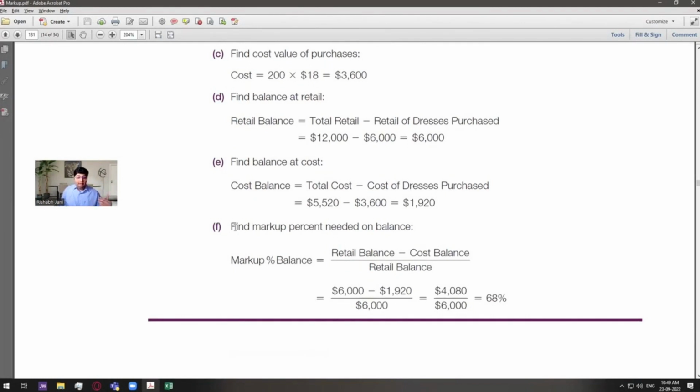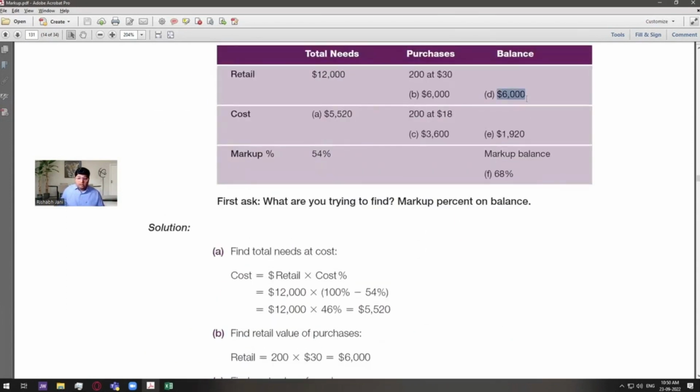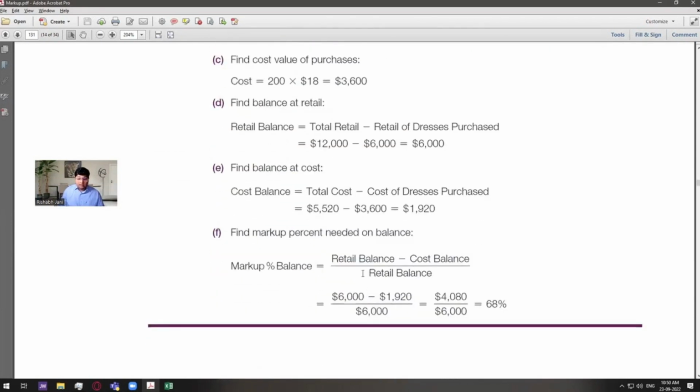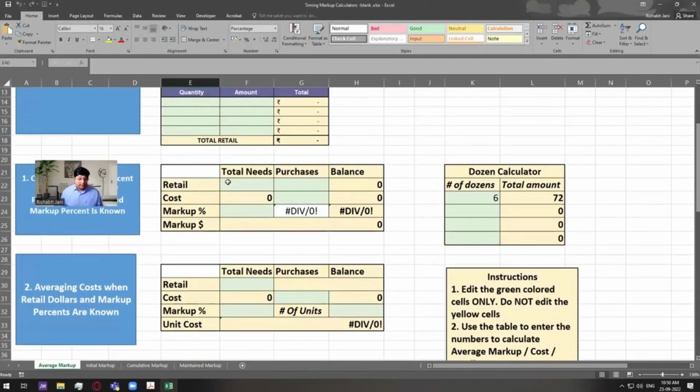And finally, find the markup percentage needed on the balance, which is retail minus cost divided by retail, right? So 6,000 minus 1920 divided by 6,000, giving us our markup of 68%. Easy to understand? Let me quickly open up the Excel so I can explain this.